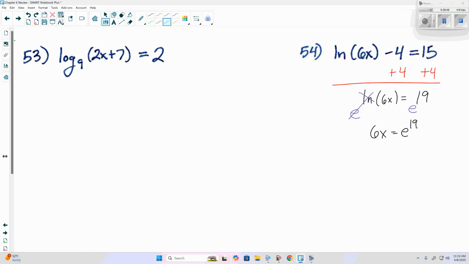If e to the 7th was an irrational number, e to the 19th is still an irrational number. Divided by 6, telling us x is equal to e to the 19th divided by 6.